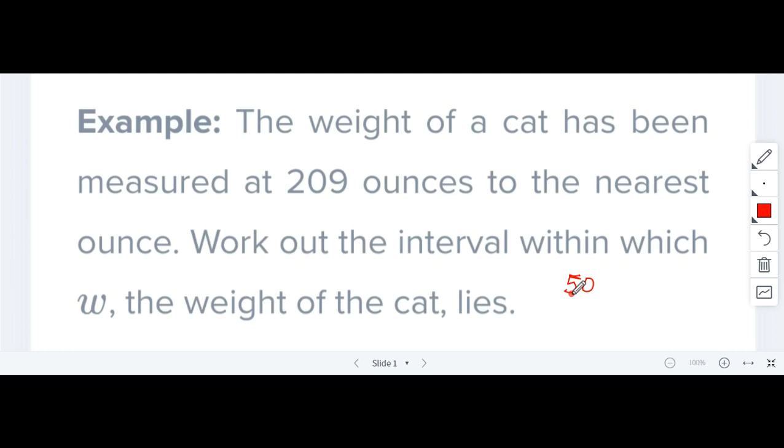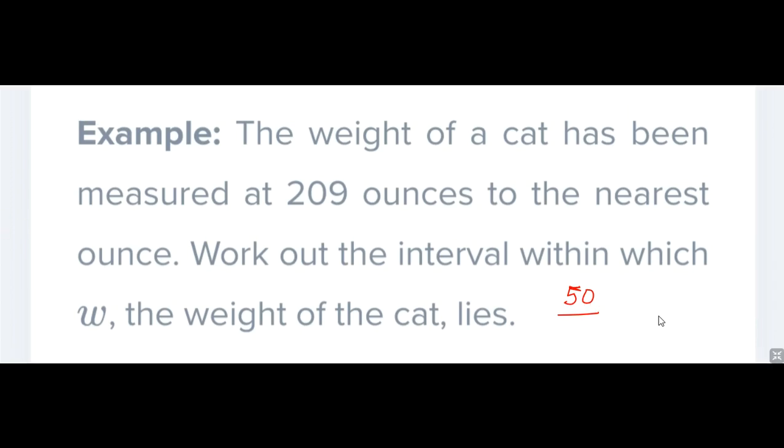Find its error interval. What is its number? 50. So would it be 50 and 51? No, the question is only: a number rounded to the nearest whole number is 50. What is its error interval?